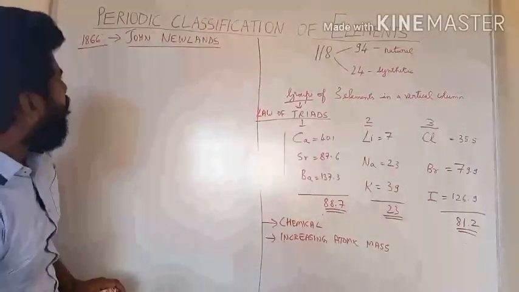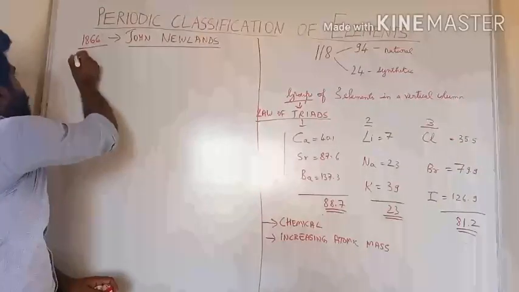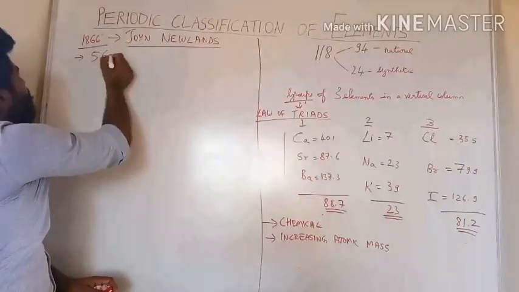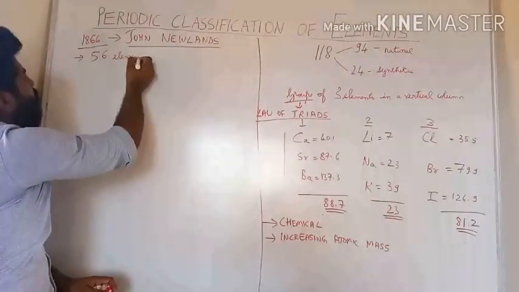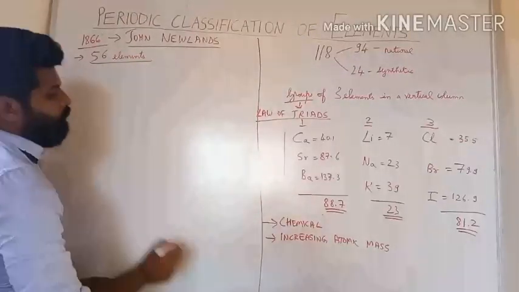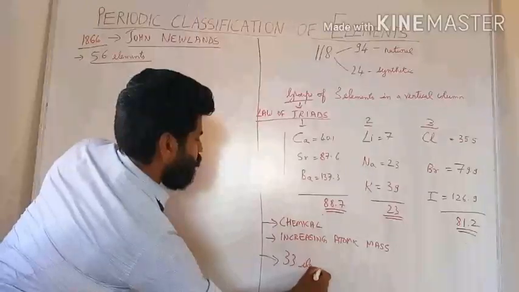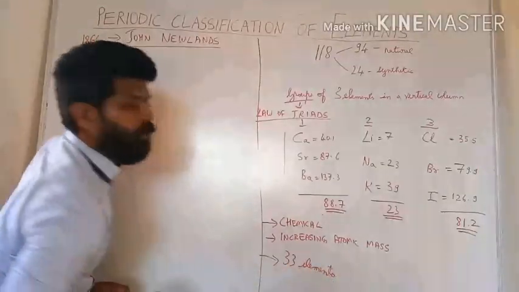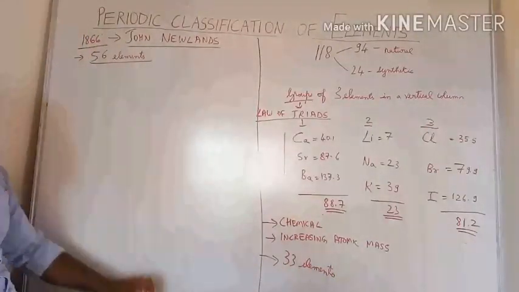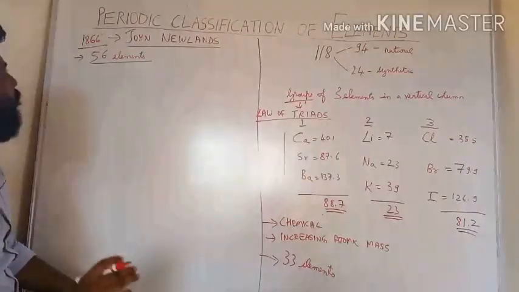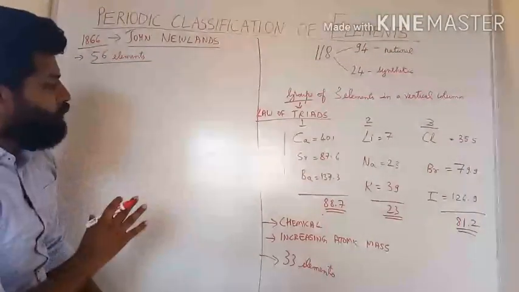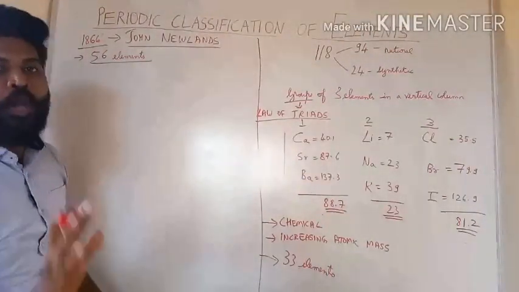Around this particular time, there were 56 elements that were discovered. So some more elements were discovered. And Newland followed Dobereiner.